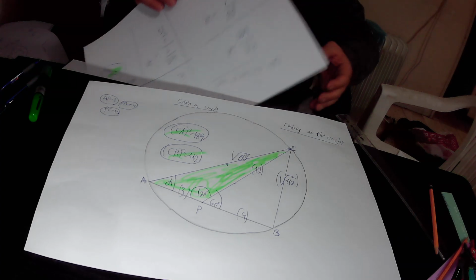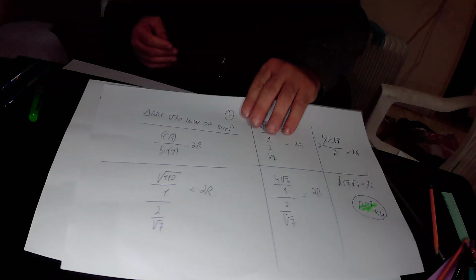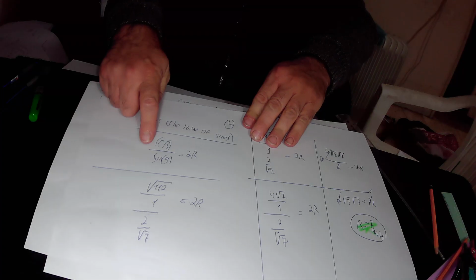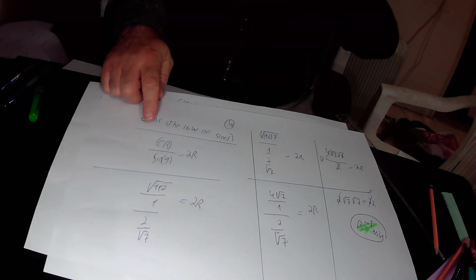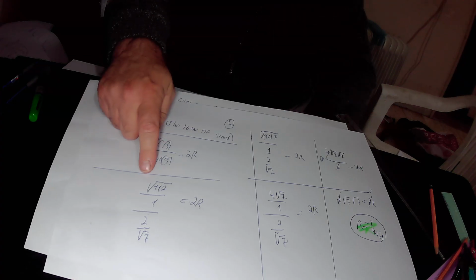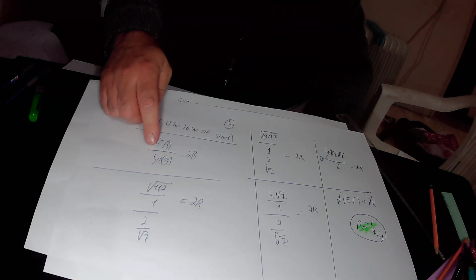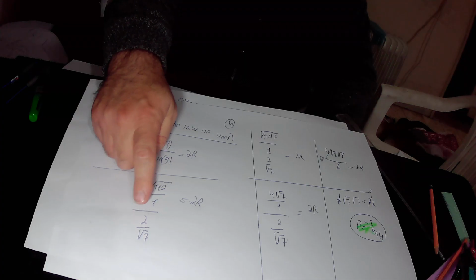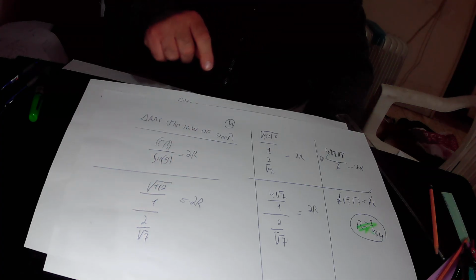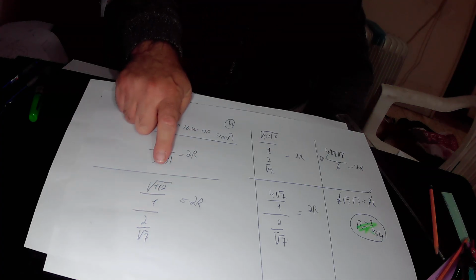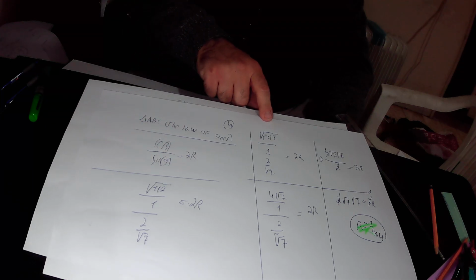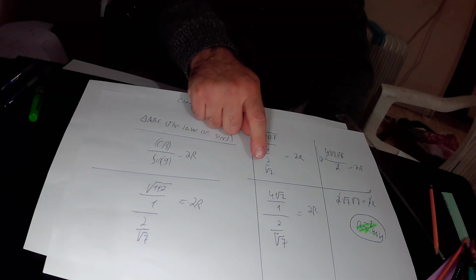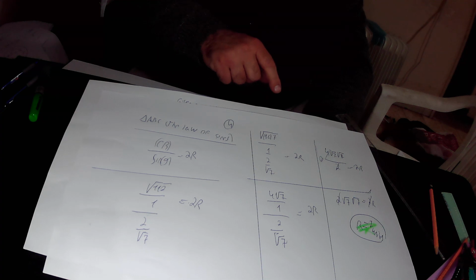So according to the law of sines, in triangle ABC, CB over sine alpha equals 2R, where R is the radius of the circle that circumscribes triangle ABC. CB is square root of 112, over sine alpha, that is 2 over square root of 7, equals 2R. Here we substitute 112 by 16 times 7.